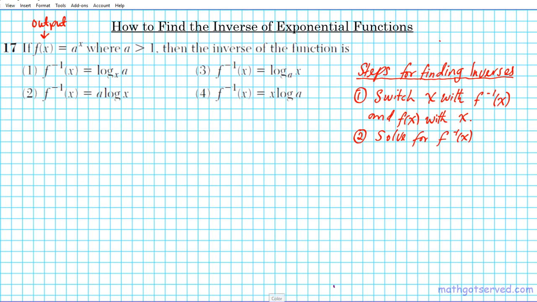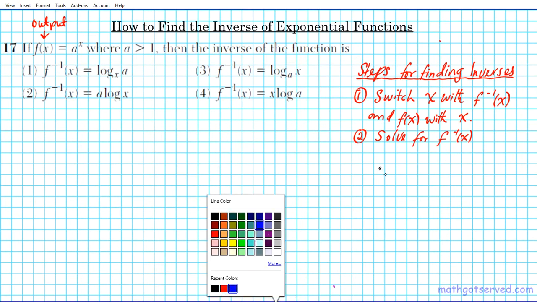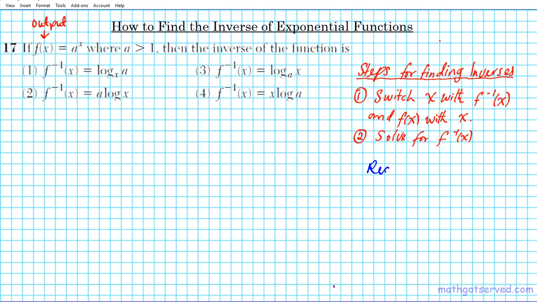Okay? Alright, so another thing that you want to remember is a property of logarithms, the inverse property of logarithms. There's just only one we're going to use here. Now, if you have log base b of b to the x, what's your answer going to be here?